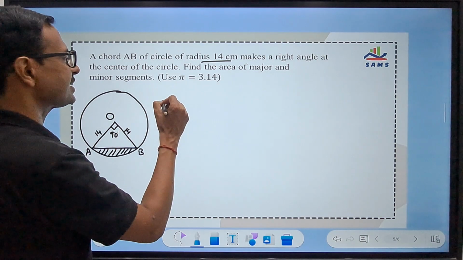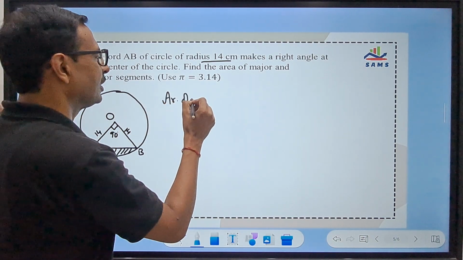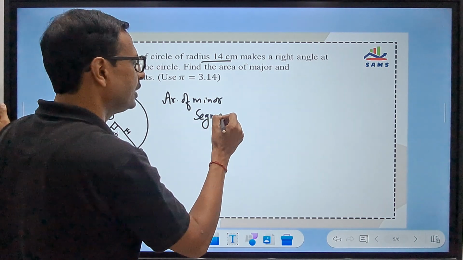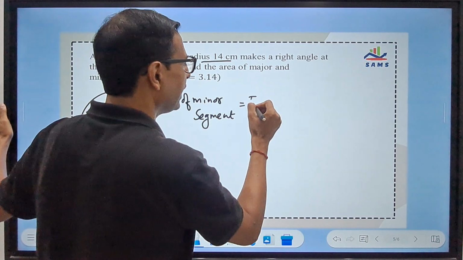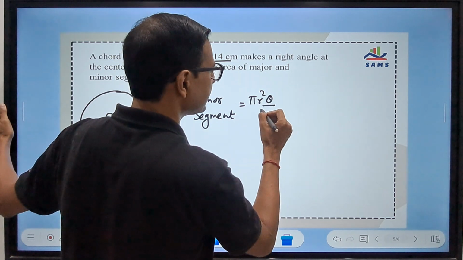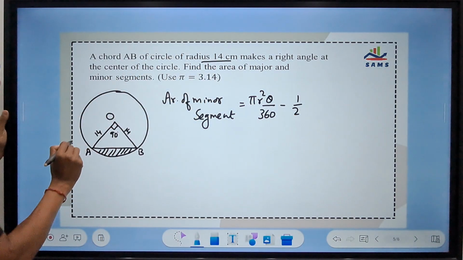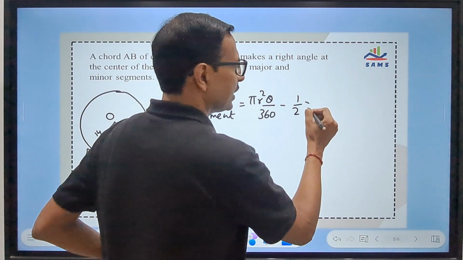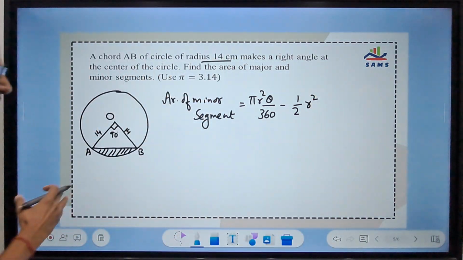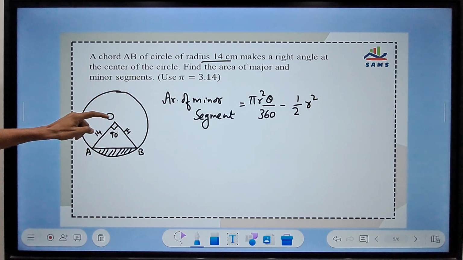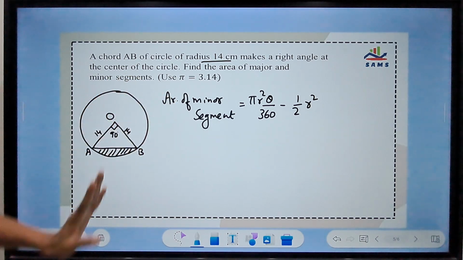So for the minor segment, area of minor segment, I will do area of sector, that is pi r square theta upon 360 minus half into base into height, that is r square. Now sin theta is not required here because it is sin 90, and sin 90 is 1, or simply half into base into height, that is half r square.